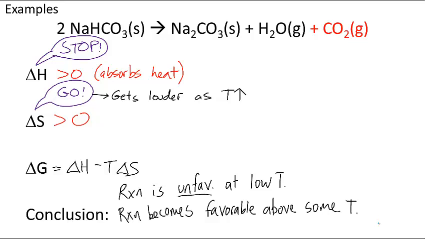At 5 Kelvin, this term, T delta S naught, is 5 times 50, so 250. All right? At 10 Kelvin, this term, T delta S naught, is now 10 times 50, so 500. Even though delta S stays the same, and delta H stays the same.